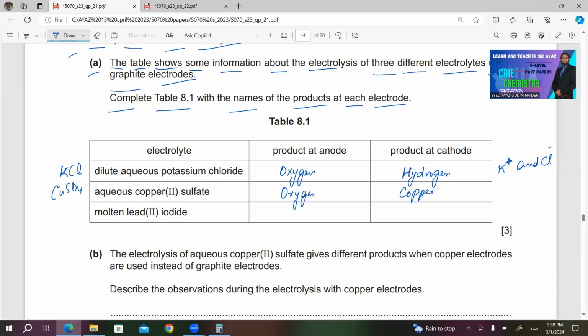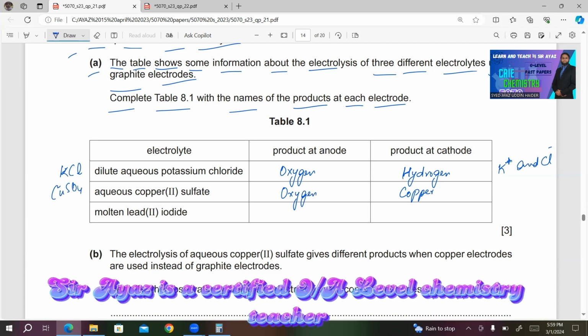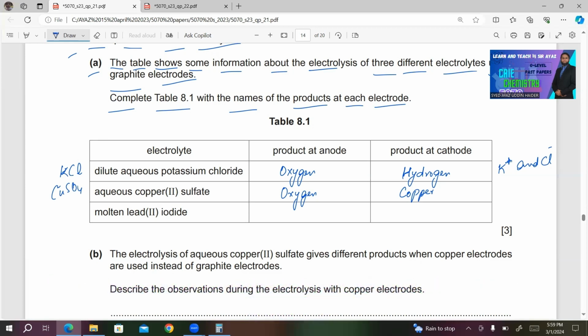If you have copper electrode, then you will be getting the dissolving of copper anode instead of this oxygen gas. Molten lead 2 iodide, it is PbI2. There aren't any H positive and OH negative ion because it is not aqueous solution. So you will get iodine at anode and lead at cathode.